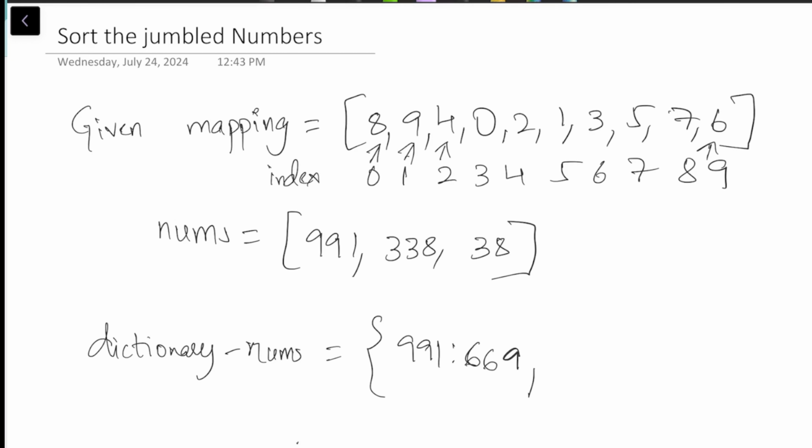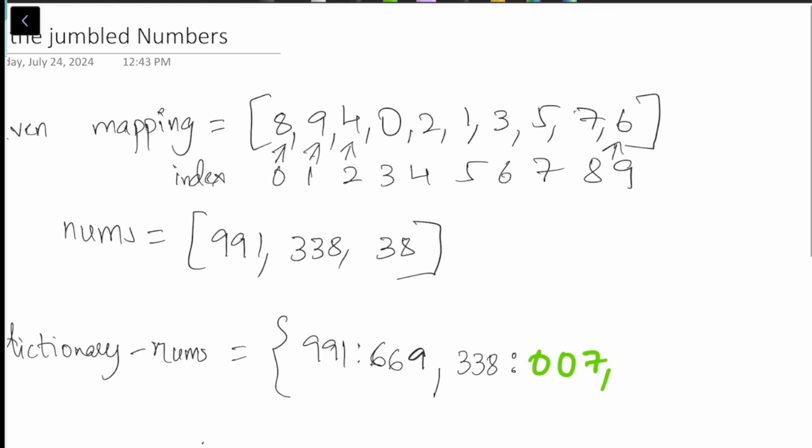So 991 maps to 669. What's 338? 3 maps to 0, 3 maps to 0, and what's 8? 7. So 338 maps to 007. And what's 38? If you see here, 3 maps to 0 and 8 maps to 7, so 38 maps to 07.